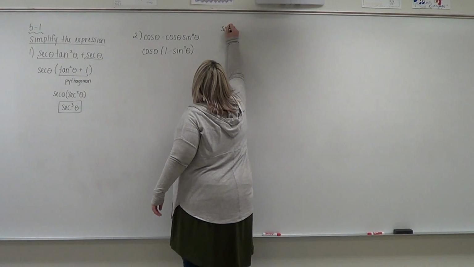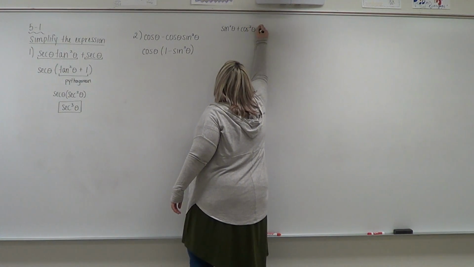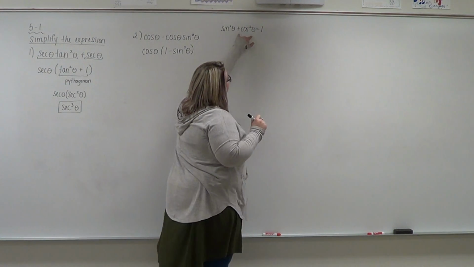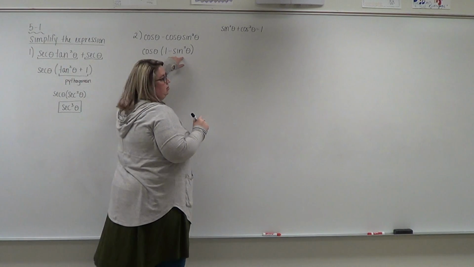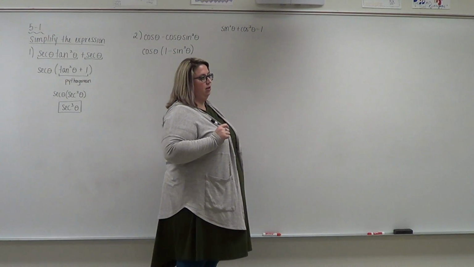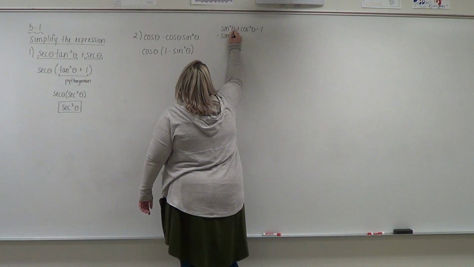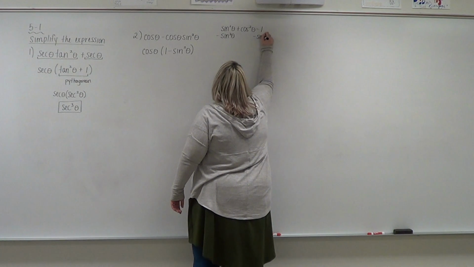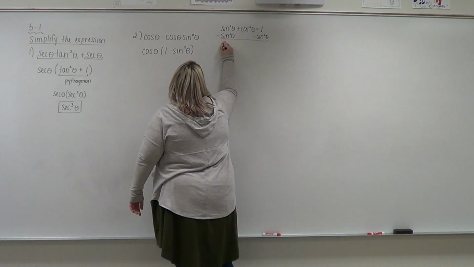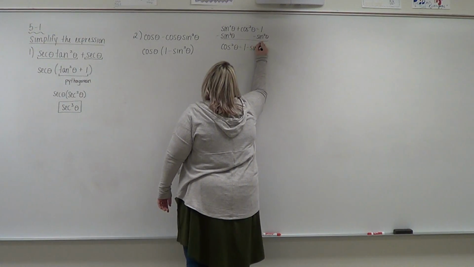Okay. Is there a way I can make this look like this? How would I get 1 minus sine squared? I don't know. Okay. So cosine squared is 1 minus sine squared.